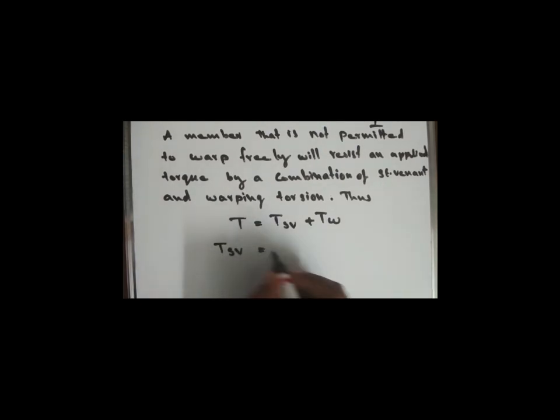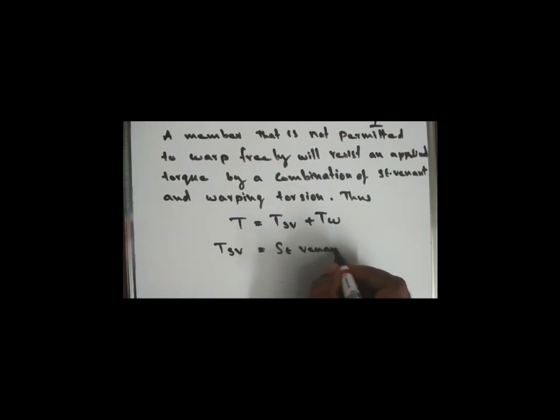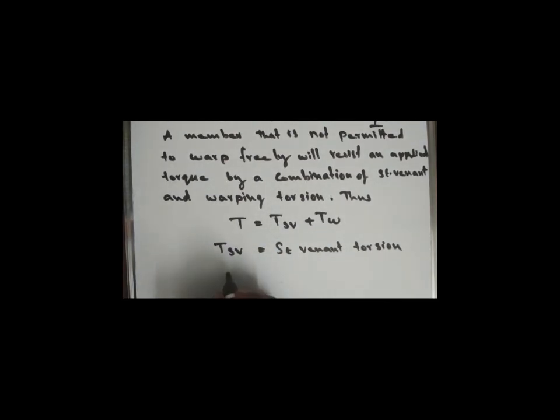TSV is equal to St. Venant torsion and TW is warping torsion. Now let us determine St. Venant torsion and warping torsion one by one.